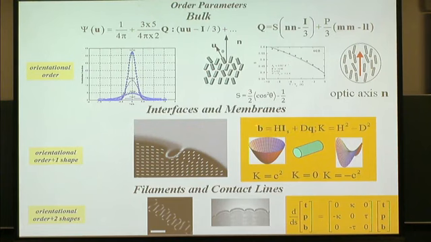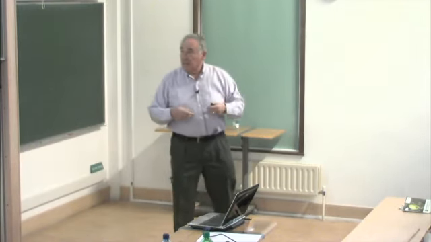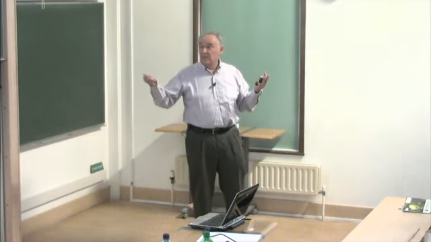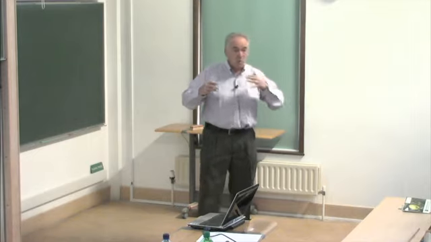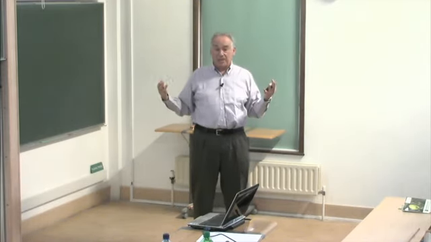This tensor B can be decomposed into two parts, the average curvature H and the deviatoric curvature D. You can work with Gaussian curvature, of course, but this H-D split for doing equations and calculations is very useful. D just measures the deviation from spherical shape. If D is 0, you have a sphere. When D deviates from 0, you start getting non-spherical shapes.